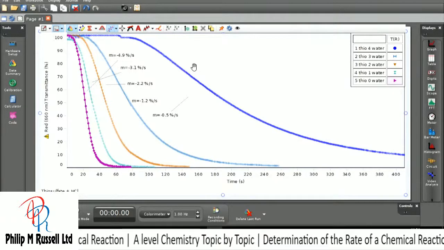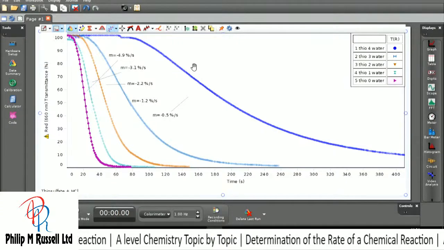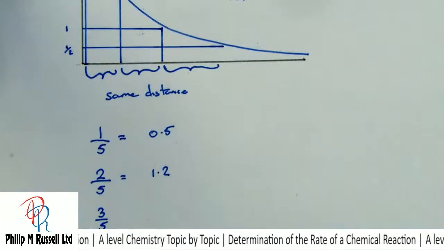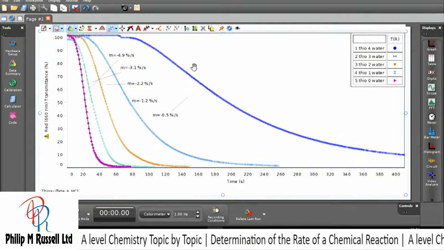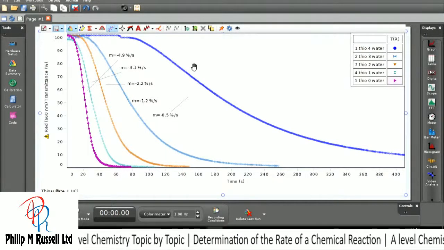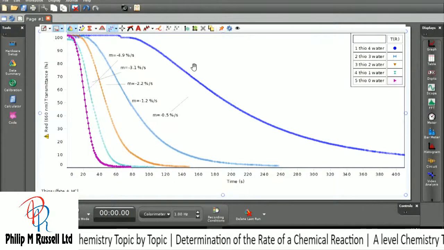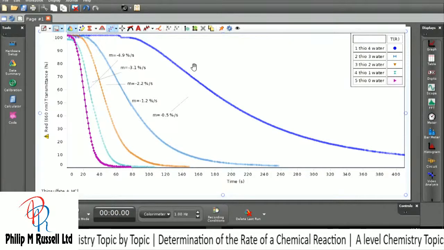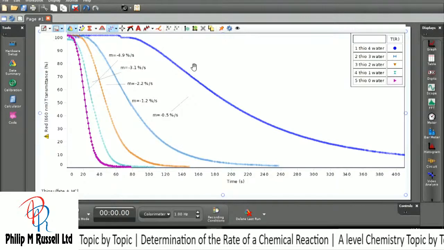These are all minus. When we look at 3/5, then looking at the graph, I've got 2.2, 4/5, you can see we're at 3.1, and finally at 5/5 I'm at a level of 4.9.